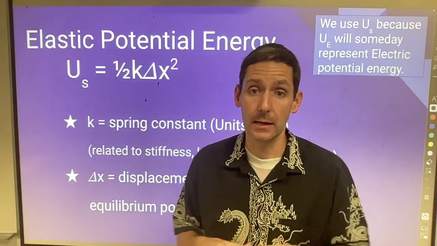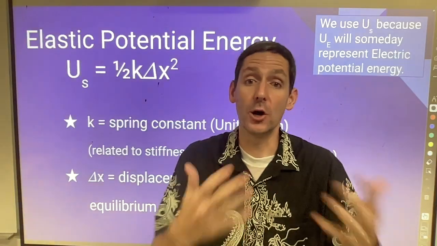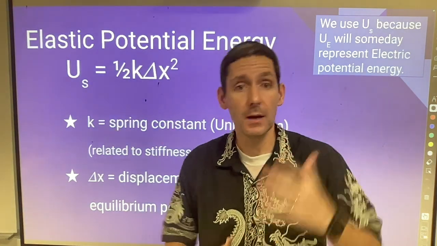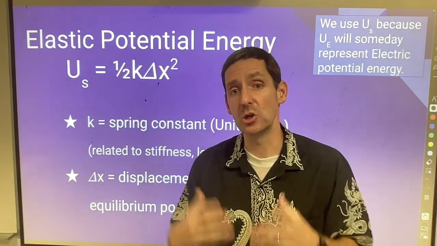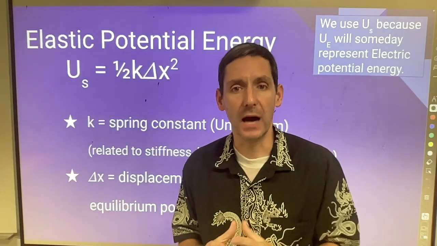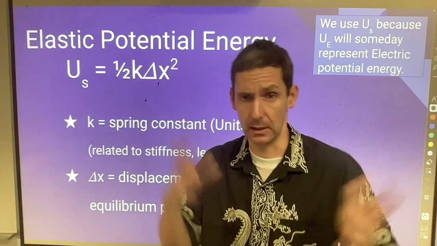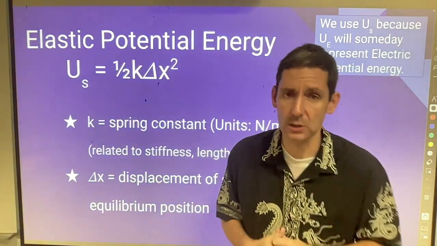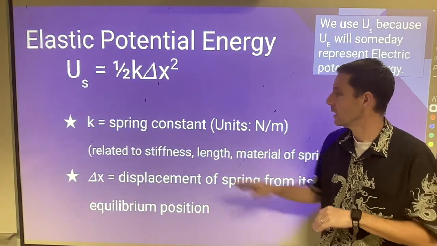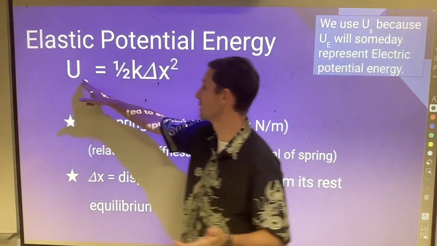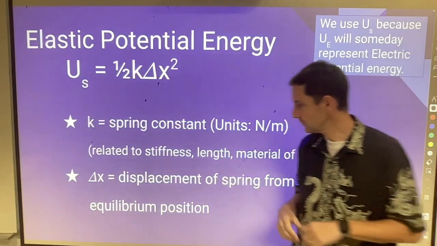I'm not going to be like, here's a spring, what's k? In order to get that, you would do some tests with force, you do some tests with the elastic potential energy, and you might be able to figure out k that way. But you're not going to have to just look at it and make some measurements and figure that out. That's not how it works, okay? So don't worry about that. This will likely be given to you, or you'll be given everything else and have to calculate it, okay?